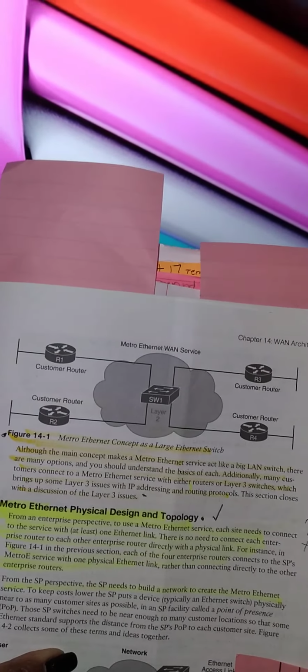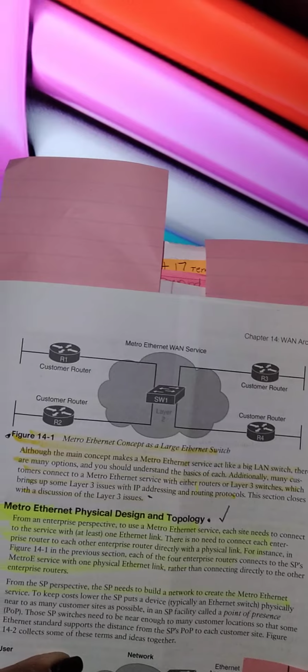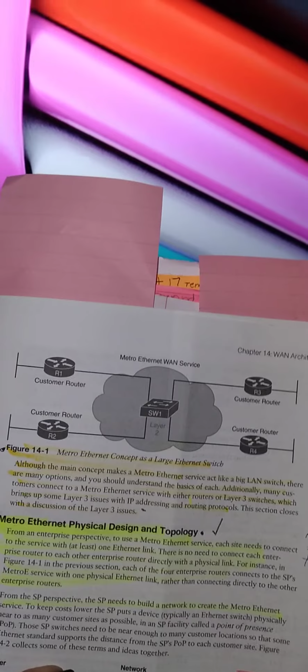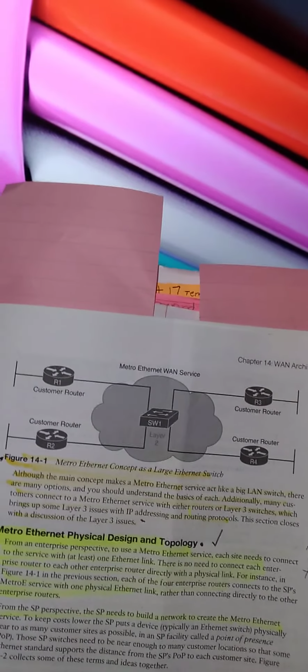Those SP switches need to be near enough to many customers' locations so that some Ethernet standard supports the distance from the SP's POP, point of presence, to each customer site. Figure 14-2 collects some of these terms and ideas together.